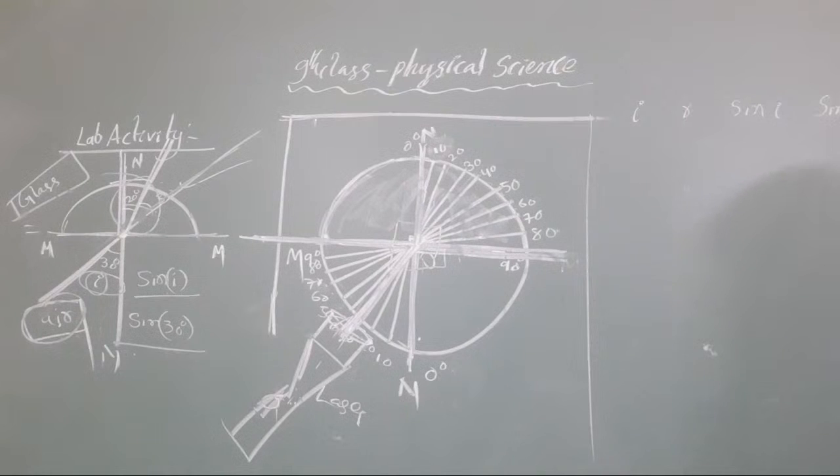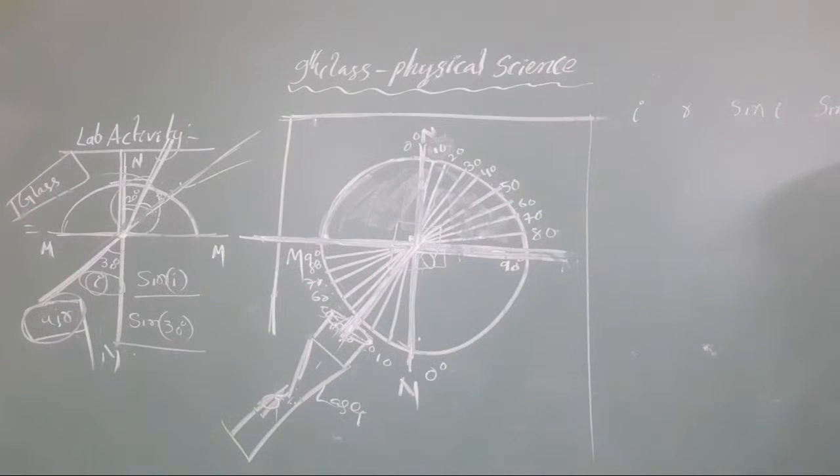When you take a sine angle, automatically you'll get the sine angles from where? Through a tabular format, a sine table or cos table or tan table. From that you collect sin i and sin r.